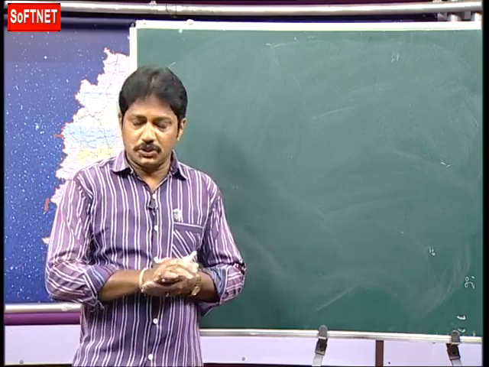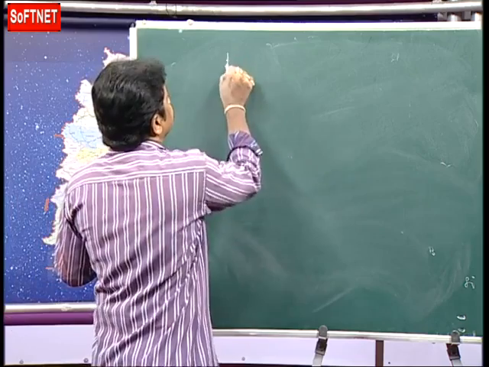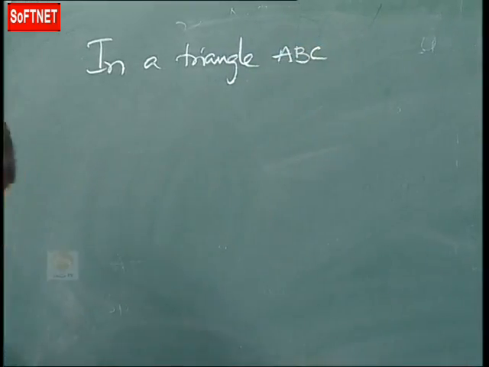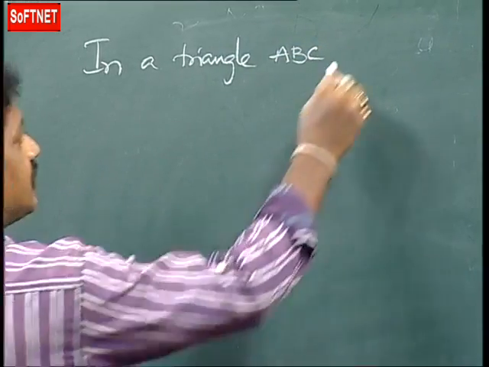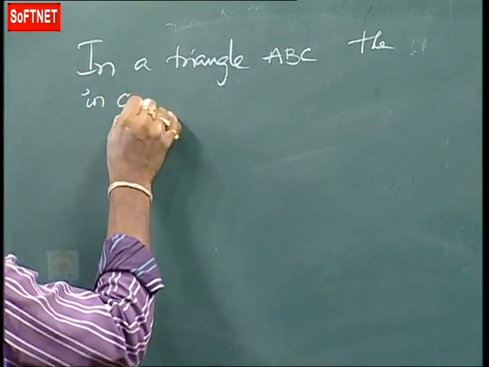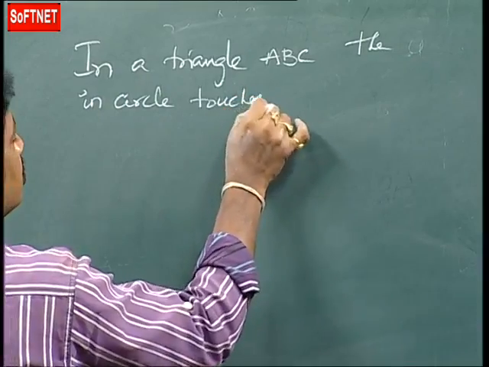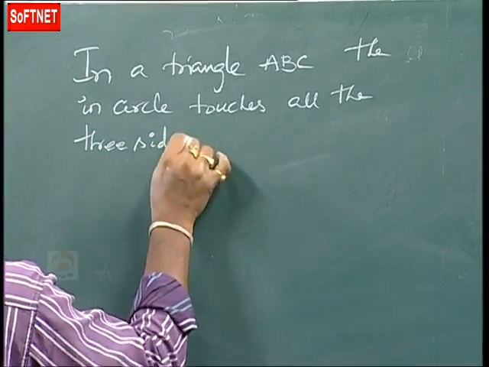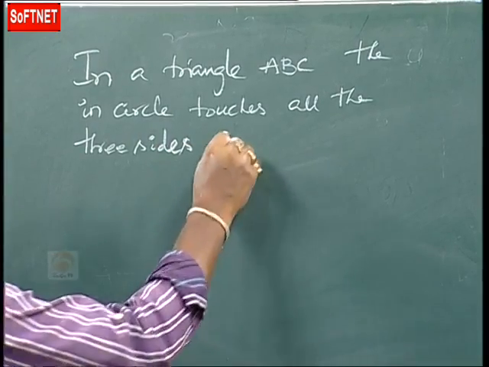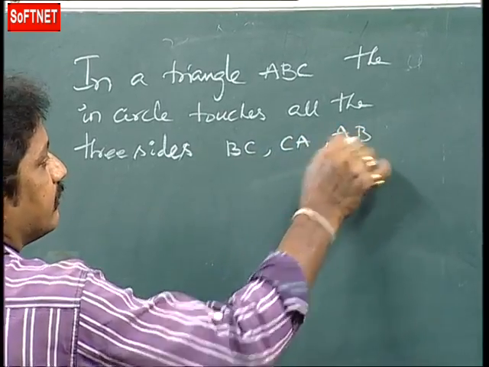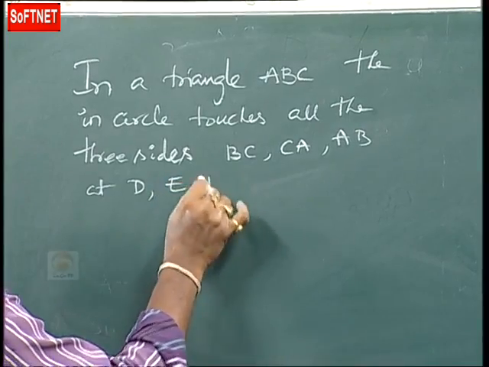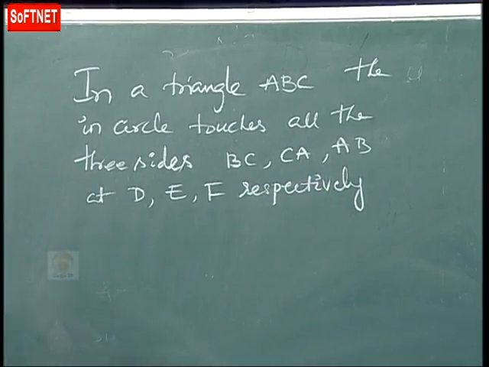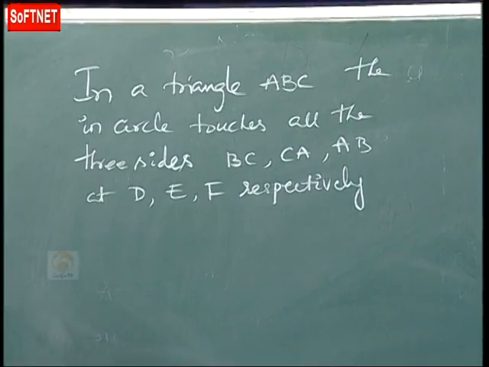So all of you write the question, that is: in a triangle ABC, the incircle touches all the three sides BC, CA, AB at D, E and F respectively.